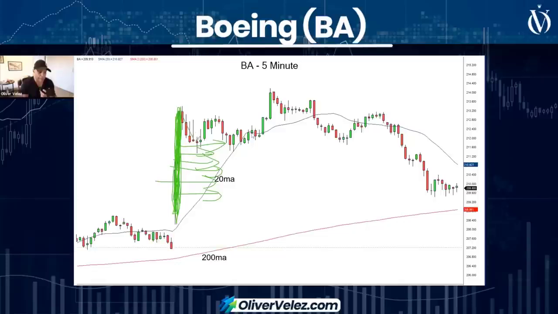Now, as long as that pullback does not break through, let me get a different color here. I'm going to show you this. Watch this. As long as it doesn't violate the halfway mark of this powerful elephant two-bar move, the pullback is cool. The pullback is okay.